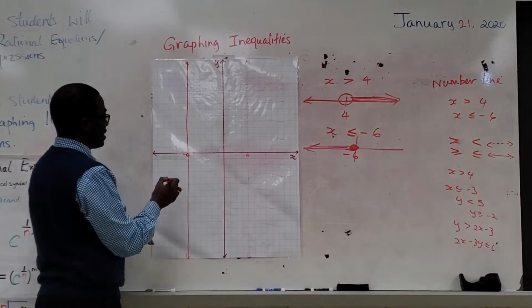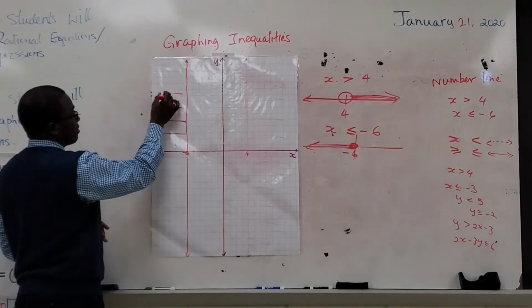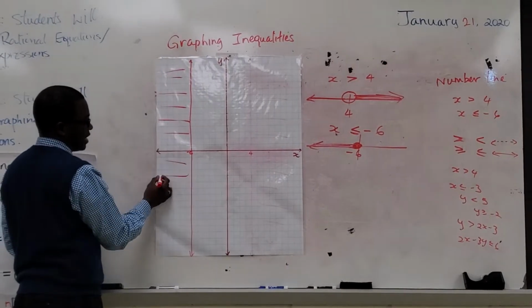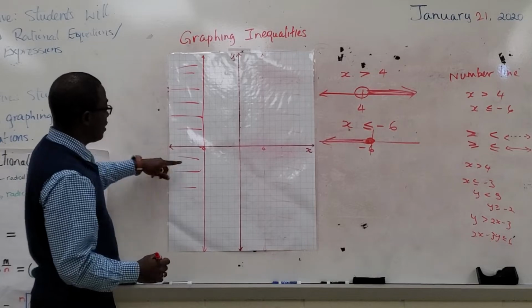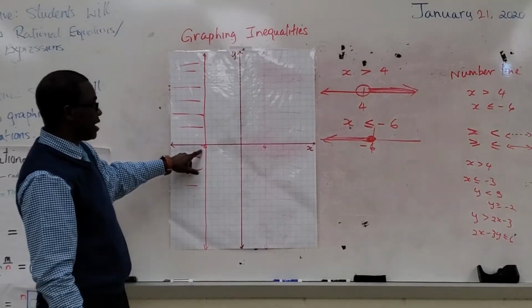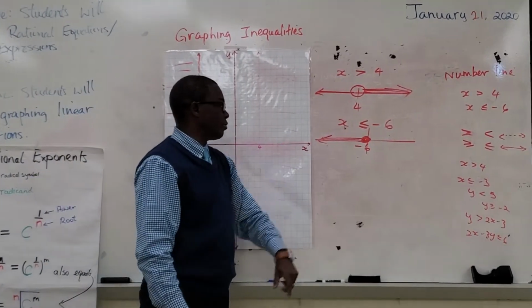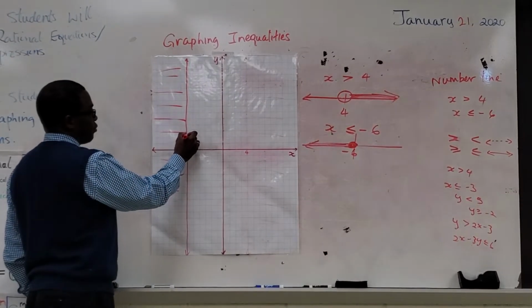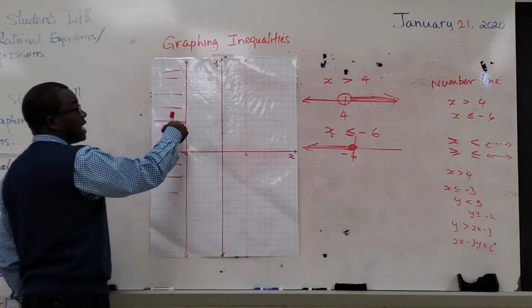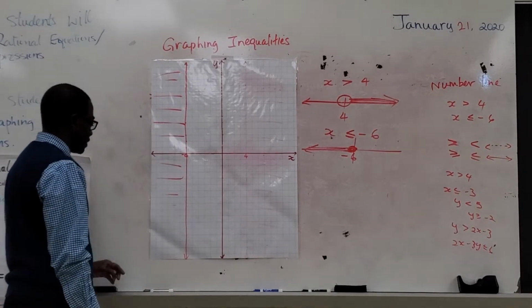And because it's less than, I'm going to shade everything left of -6. So every coordinate point over here to infinity will have an x value that is less than or equal to -6. And notice I use a solid line because these points are also less than or equal to -6.